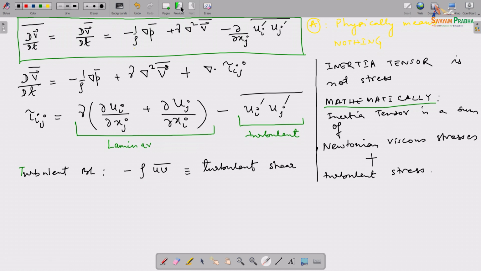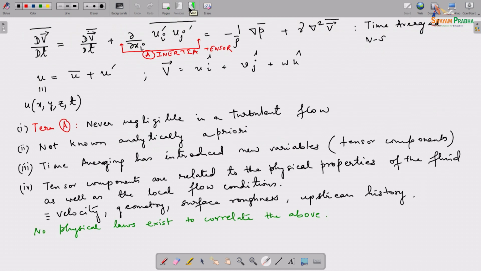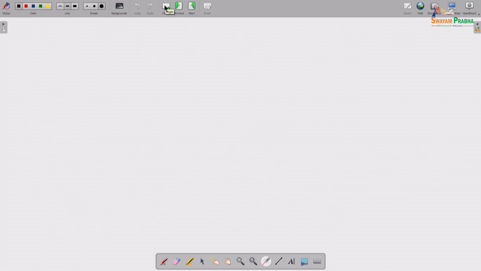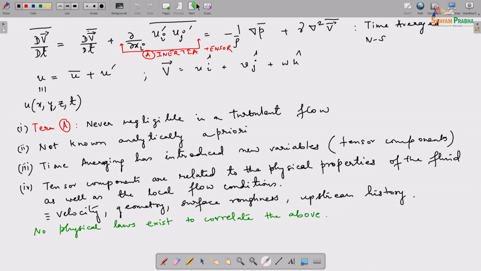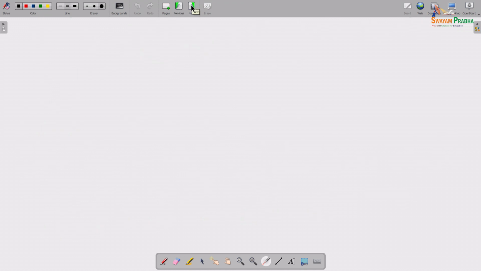Okay. All right. Now, moving on, I am going to write this down. So, energy equation for an incompressible flow with constant properties, basically first law of thermodynamics. Okay.